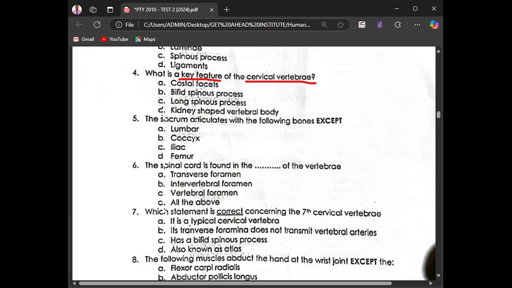Someone is saying B with a question mark at the end. Others, what are we saying?